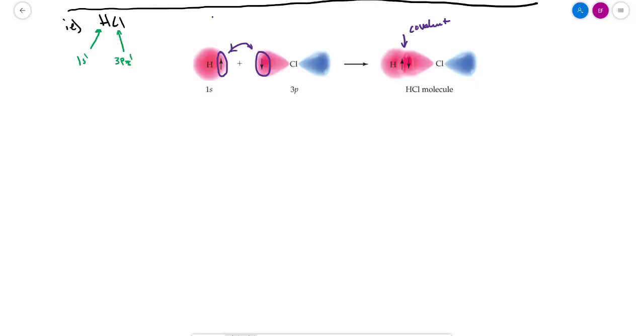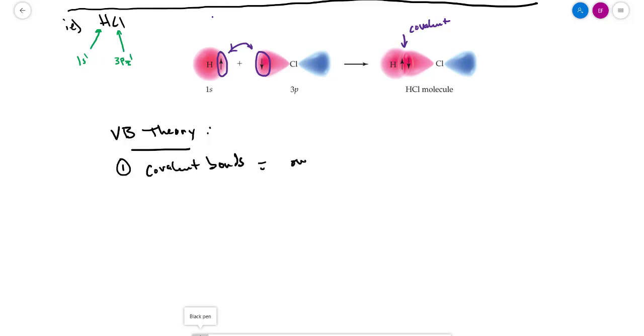So there are a few takeaways from this general model of valence bond theory. I'm just going to write it as VB theory. One we've already talked about, which is that covalent bonds form when you have overlap between atomic orbitals, and we're calling atomic orbitals those orbitals that reside on the individual atoms.